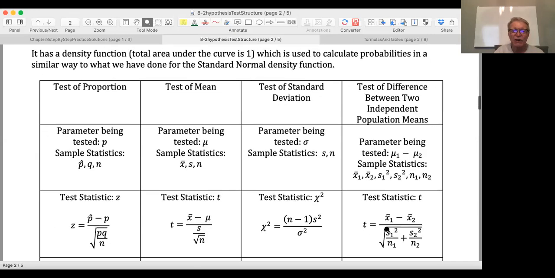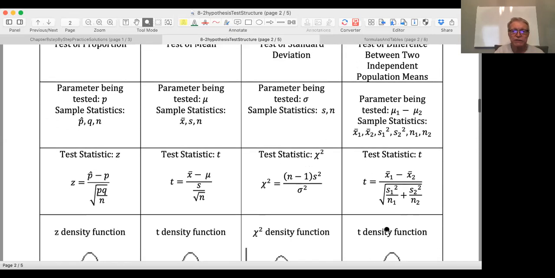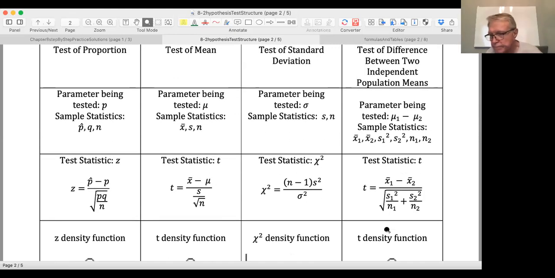And you'll recognize the test statistic when you look at the possible test statistics in 2 ways. One, it will say it's for a test of proportion, or test of mean, or test of standard deviation. And another, in the formula for the test statistic, you'll notice that in the test for proportion we see the letter P, the symbol for the population proportion.